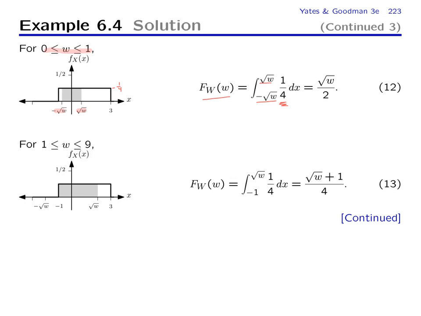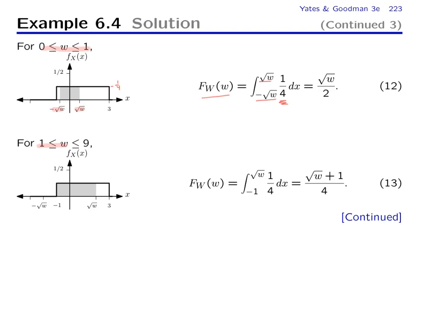The more complicated case comes up when W is greater than or equal to 1. In this case, the structure of the definite integral is still the same: F_W(w) is the integral from minus root W to root W of f_X(x) dx.